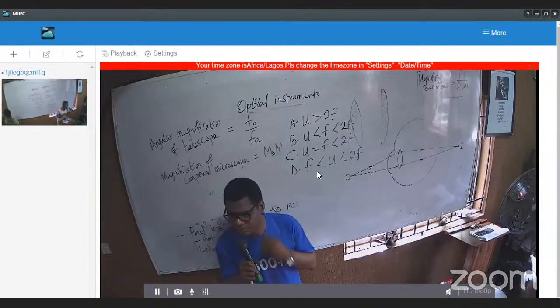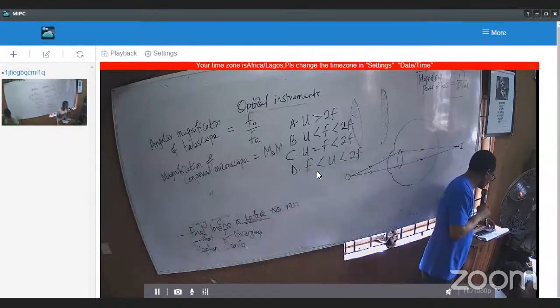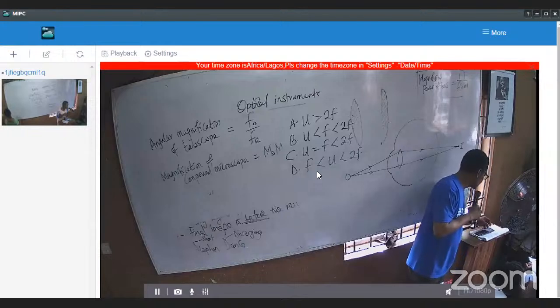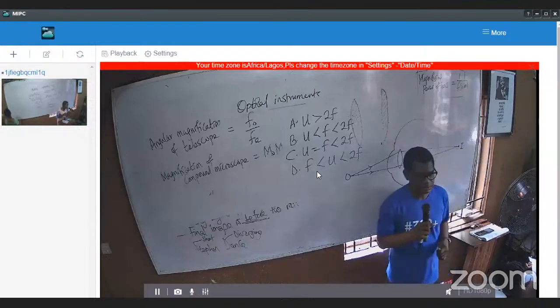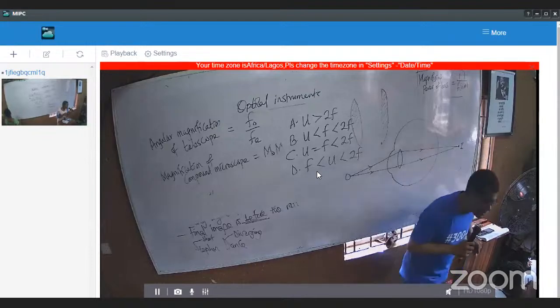Full stop. The final image is real, inverted and magnified.